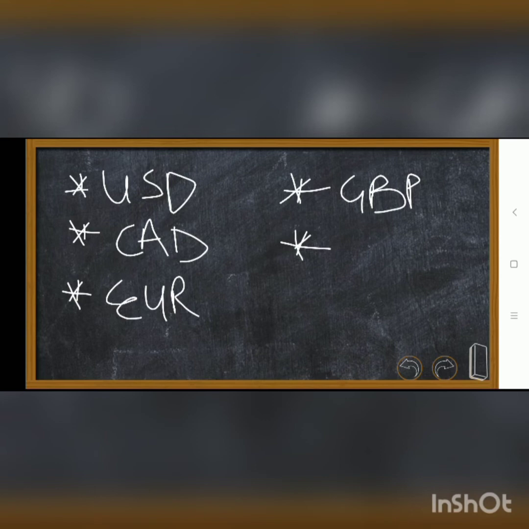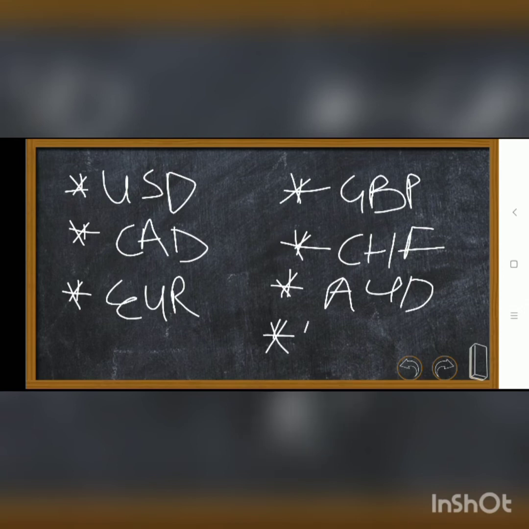We also have CHF, the Swiss franc. We have AUD, the Australian dollar. It's used in Australia. We have NZD, the New Zealand dollar. It's used in New Zealand.